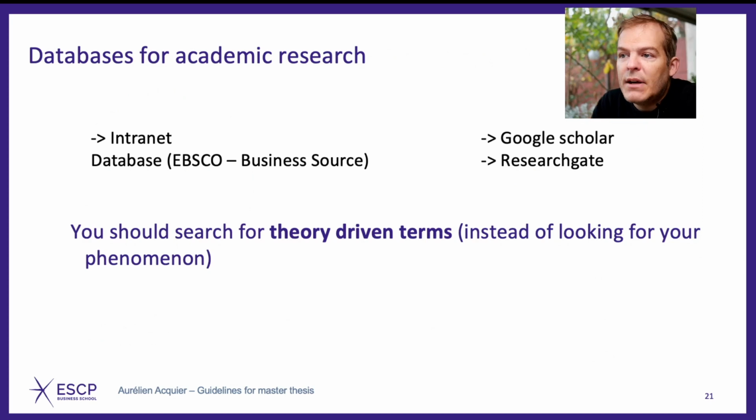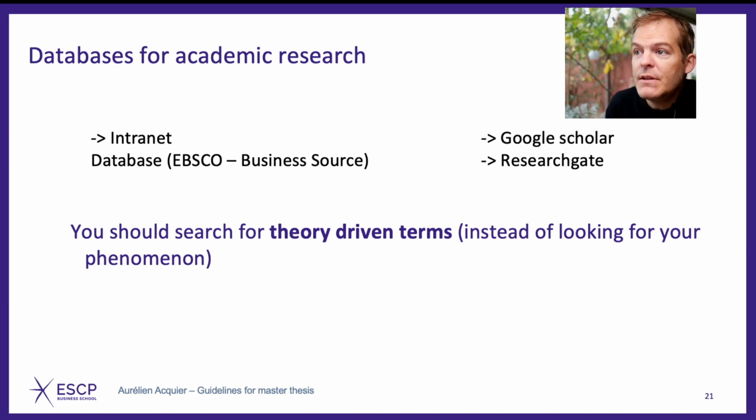So, databases for academic research. You may go to the intranet of the school, to the library, and then find it, so I will show you how. And you may also use external databases such as Google Scholar or ResearchGate. I think the best here is to take an example to show you that.